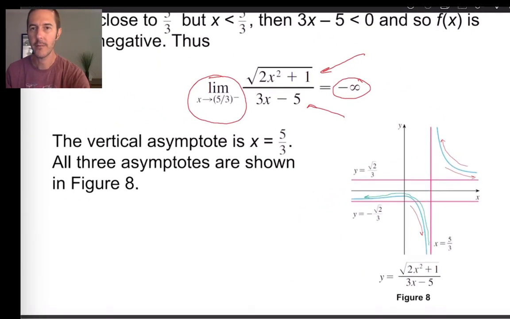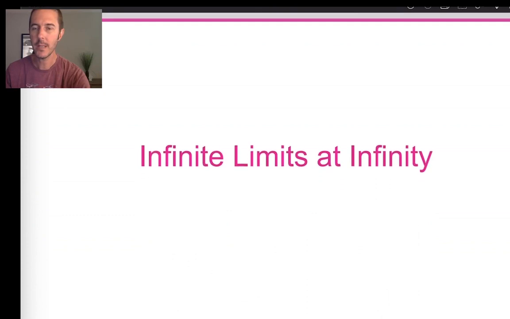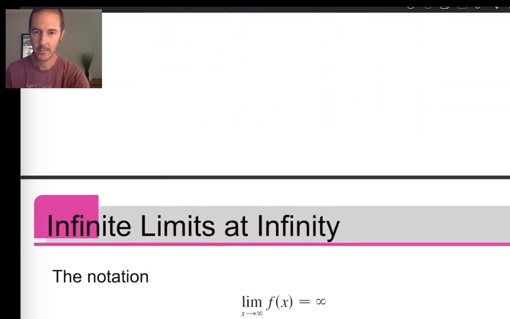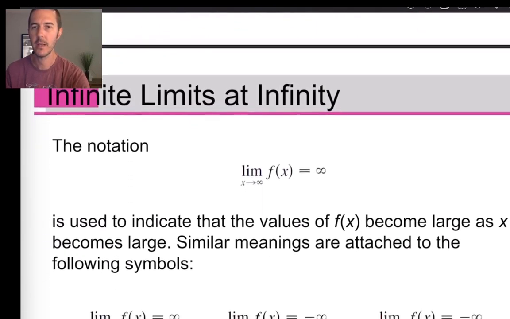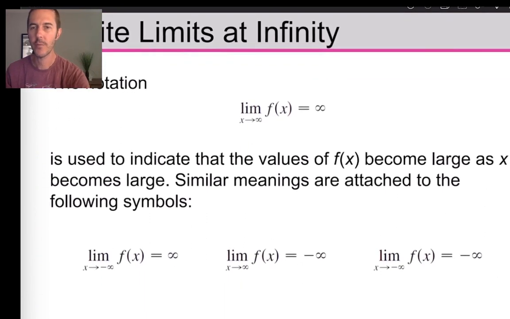Interesting stuff. A lot of variety that you can run into, so you've got to keep your wits about you. Keep both eyes open. Infinite limits at infinity. It's not a double negative, it's a double infinity. And the notation that we see for all four of those instances or scenarios are listed here.